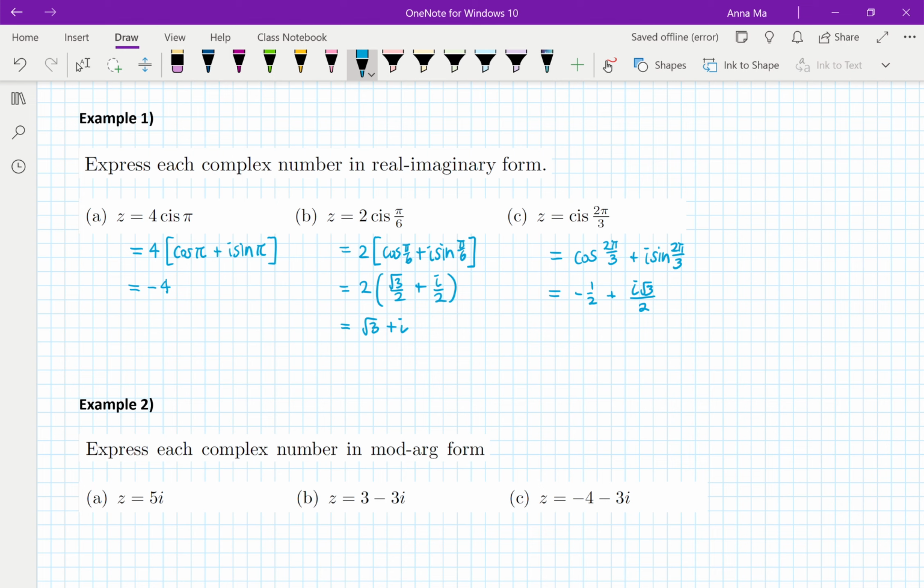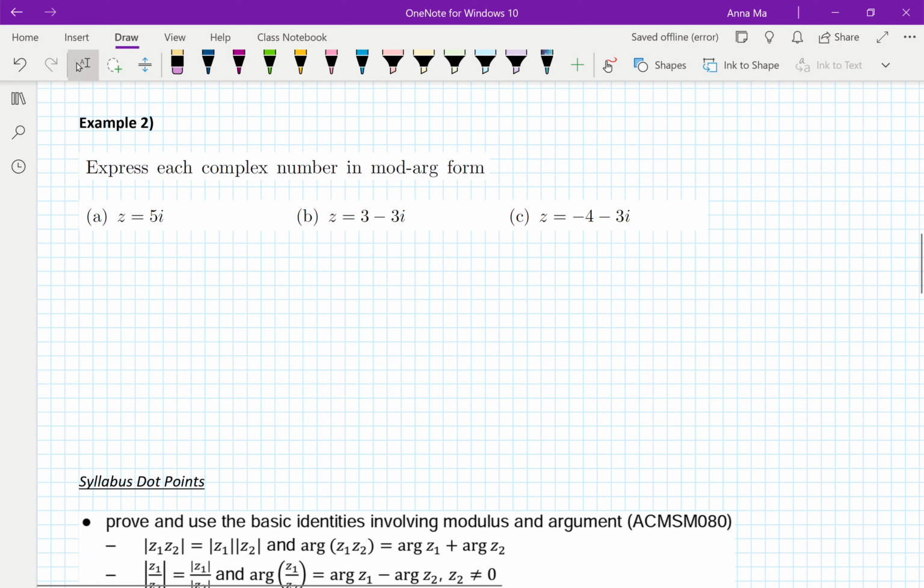Example 2. If we have to express the Cartesian coordinates in mod-arg form, then it's important that we visualize how it looks. So for this one, if z is equal to 5i, we can see that it's going to be a vertical line, and the point just passes 5 on the imaginary axis.